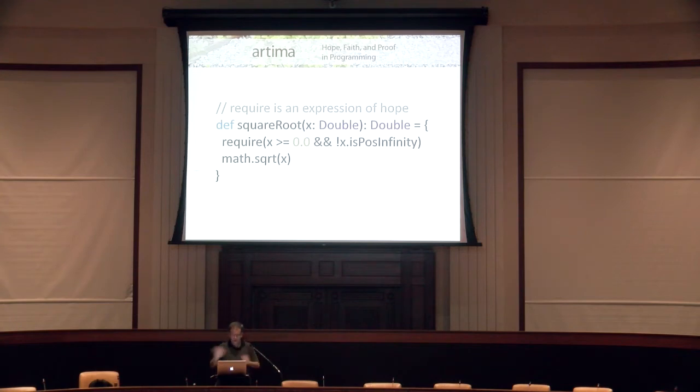Because even if I've got 100% test coverage of my code and it all passes, and I'm pretty confident my code is never going to pass a negative number here, what if someone changes it down the line a year from now and they don't notice that and it happens? It could happen. So that's why I always leave it in there. So it's an expression of hope because there's no evidence that I can see that it's always going to work, essentially.